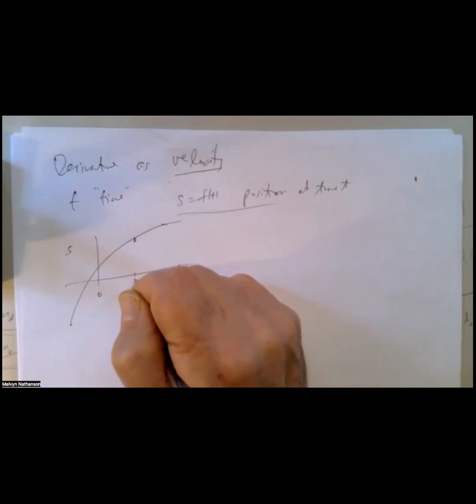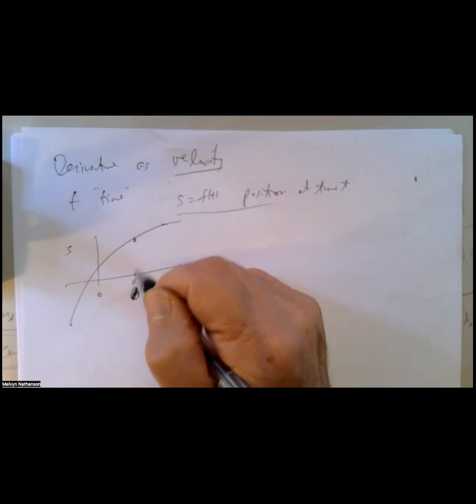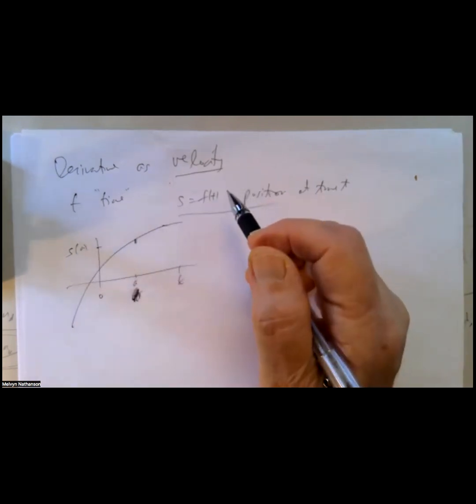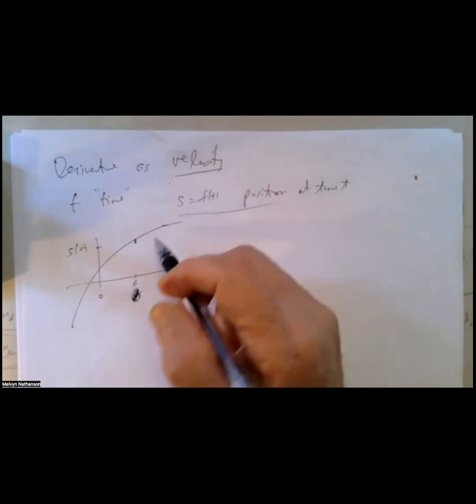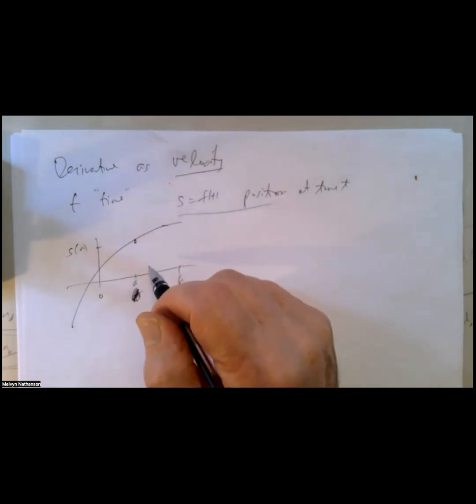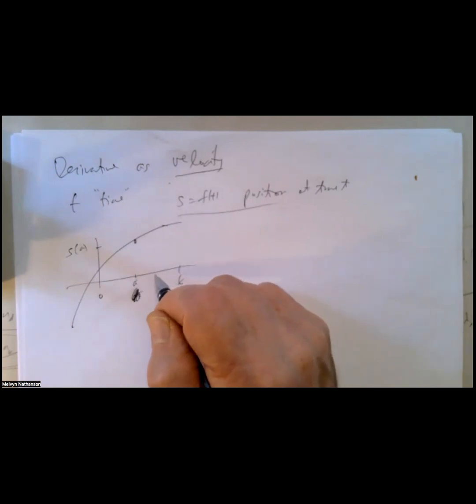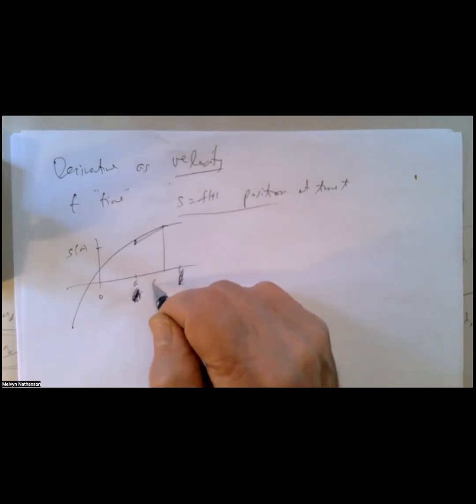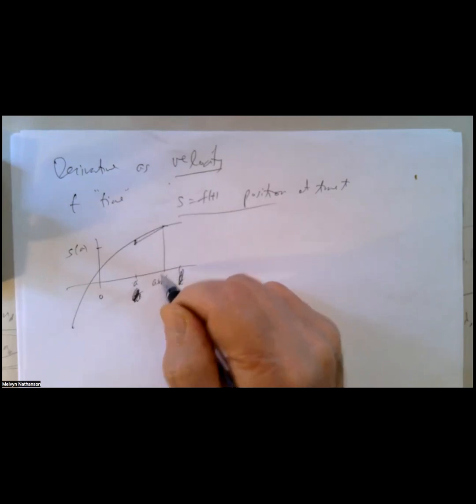the derivative. Again, suppose at some time a, the particle is at position s of a. We want to know what's the speed. So what one does is take some small interval of time. Let's say this is a. Let's say this is a plus some delta t.